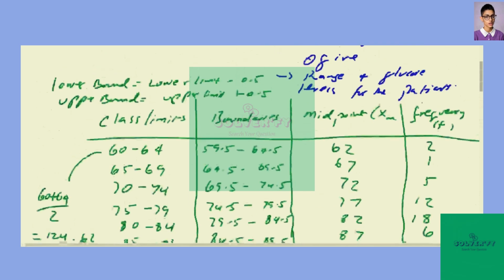So once we have that, now we can draw our histogram. We do have the x-axis and the y-axis for the histogram. We can divide it into different portions. We don't have to start at 0. As you can see, if you go back to the data, it starts from 59.5.